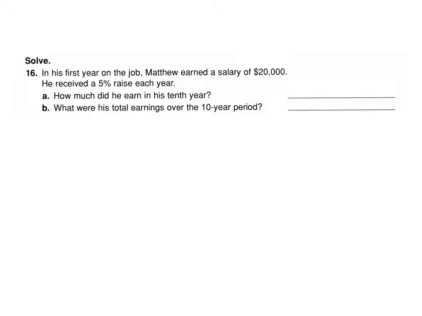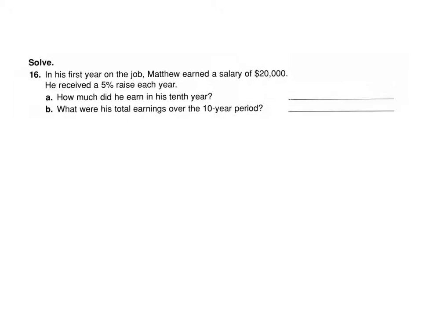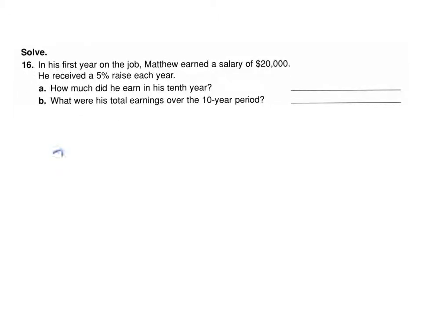So in this job, Matthew is making a salary of $20,000. That's going to be our first term. And to get to the next term, we have to do a 5% increase.